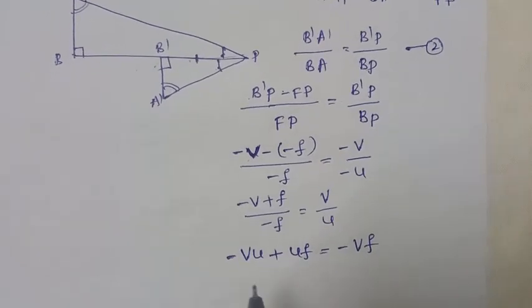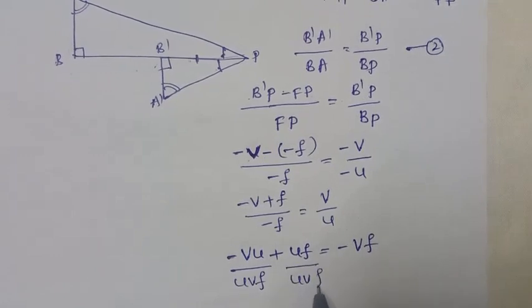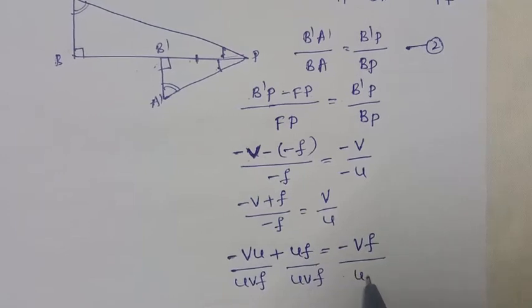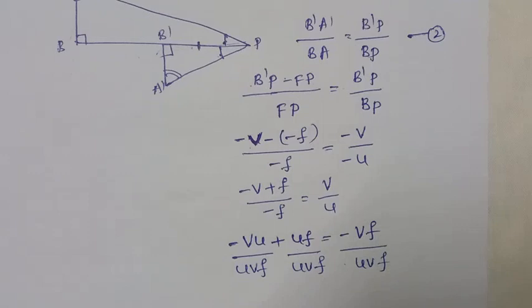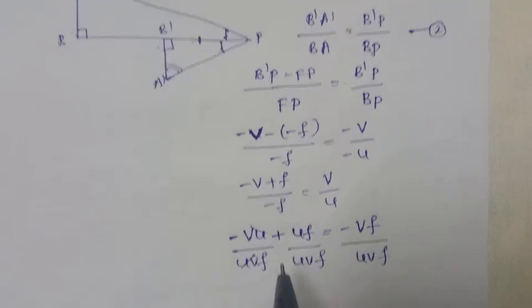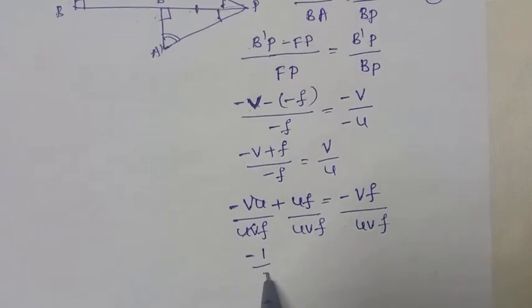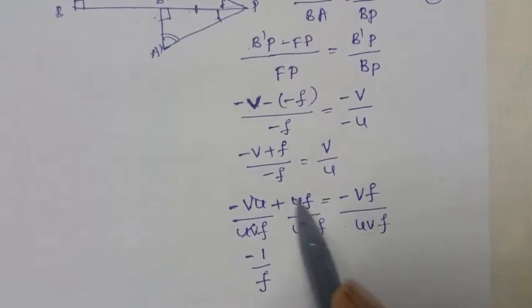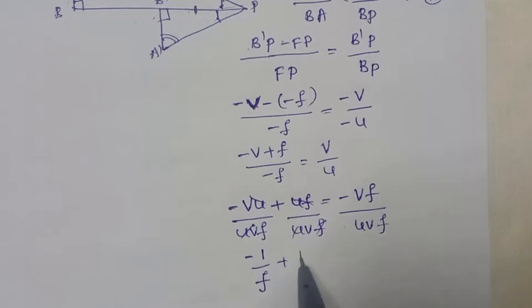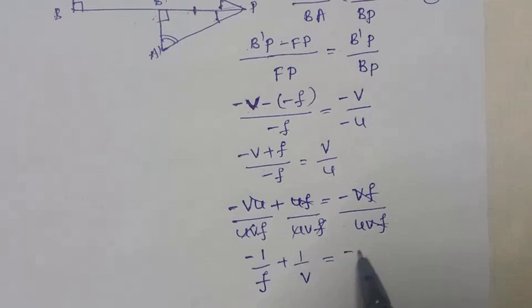So this equation is completely divided with uvf on both sides. What is the value we are getting? So here vu get cancelled, that means minus 1 by f. And here uf get cancelled, plus 1 by v is equal, vf get cancelled, minus 1 by u.